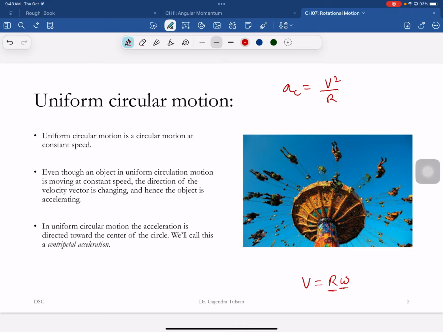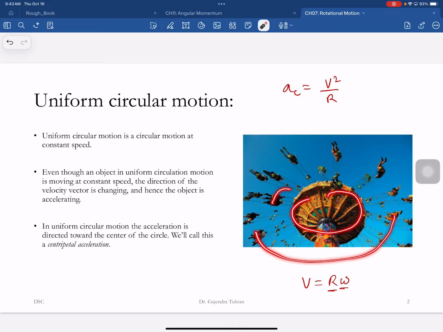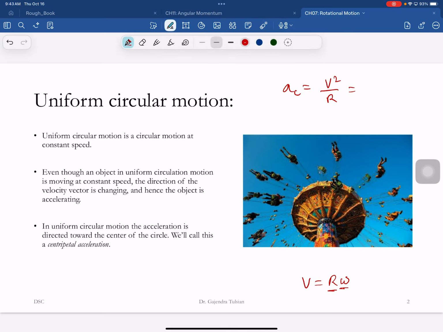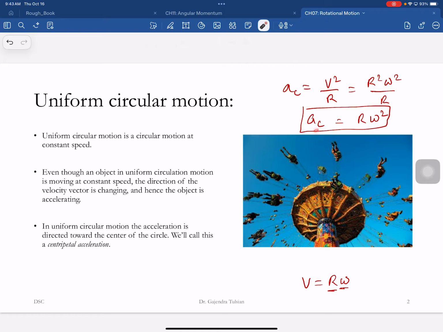Omega is your angular speed, your rotational speed. Everybody has the same angular speed because this thing is rotating at the same speed. So this turns out to be r squared omega squared divided by r, which is r times omega squared. The centripetal acceleration is r omega squared. So the bigger your r, the greater your acceleration, the more exciting your ride. So even though they all paid the same money, this guy's having the most fun.